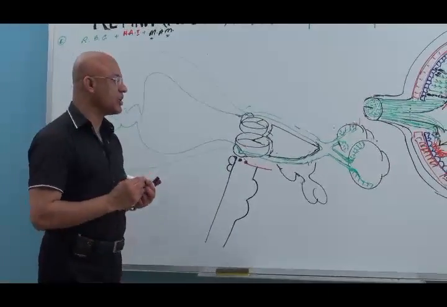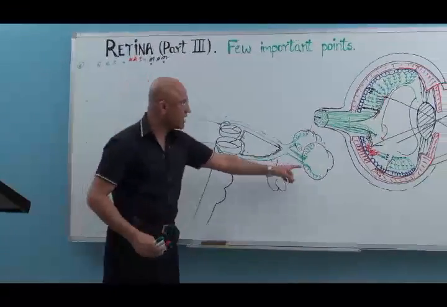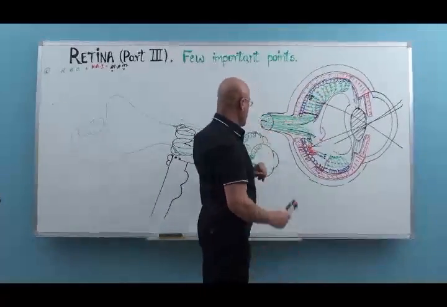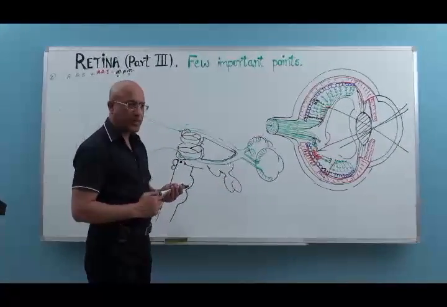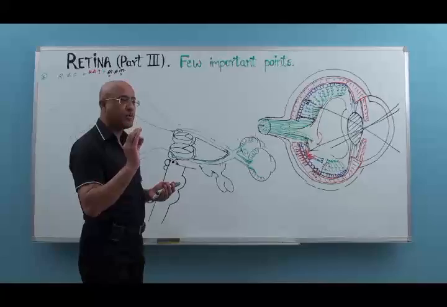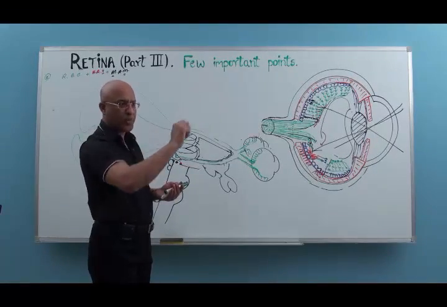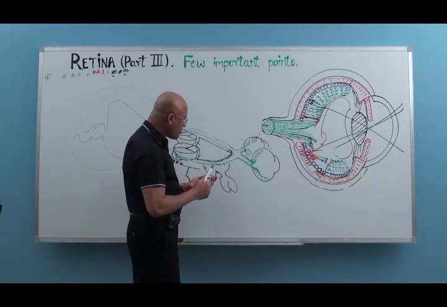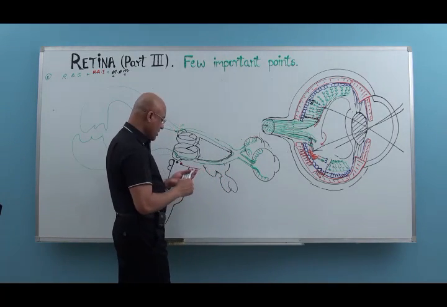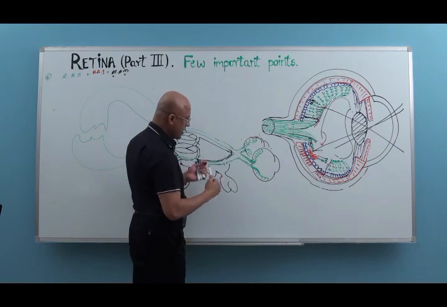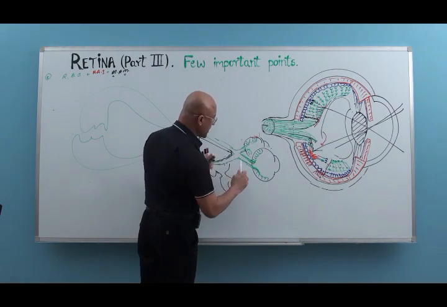Now, what is the destination of fibers from the ganglion cells? First, the classical pathway, the pathway which makes the visual image, the conscious perception of the optical images, right? That pathway, I will make it with the green color.